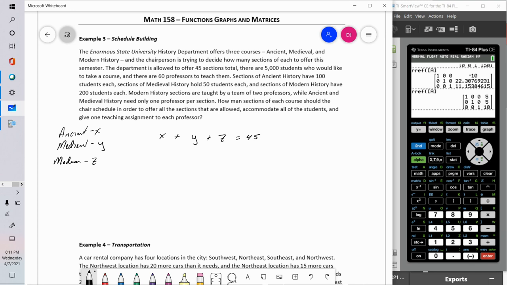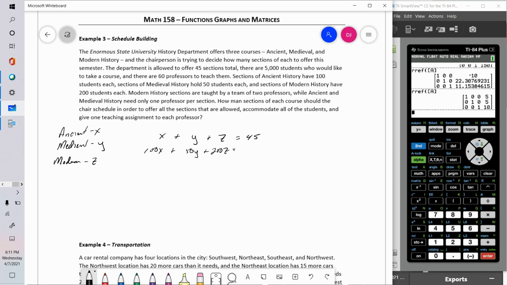Keep reading. There are 5,000 students who would like to take the course, and there are 60 professors to teach them. Sections of ancient history will have 100 students per section. Medieval can hold 50 students per section, and modern history will allow 200 students per section.